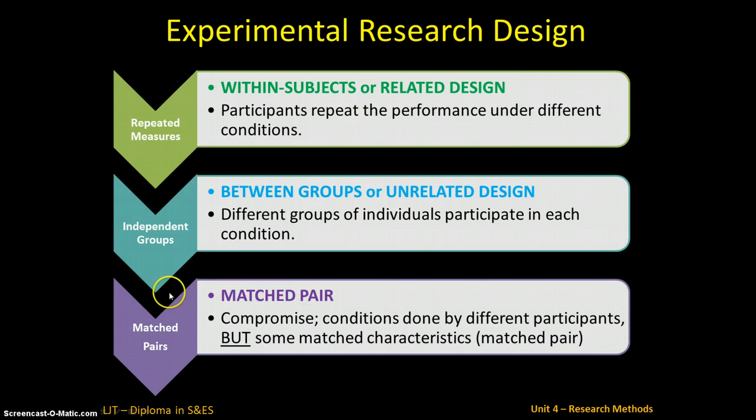Or we've got a compromise option, matched pairs, which although still uses two different sets of people to do the two different conditions, one might do the with audience, one might do the without audience, you try as best as possible to match those people in the groups. So if there's a person with certain characteristics, certain height, certain weight, certain playing experience, in the other group you hopefully find and match a person with those same characteristics. So you're trying to almost make them the same in each group. So probably in priority, this would be the best, this is the next, and this is the least valuable in this situation.